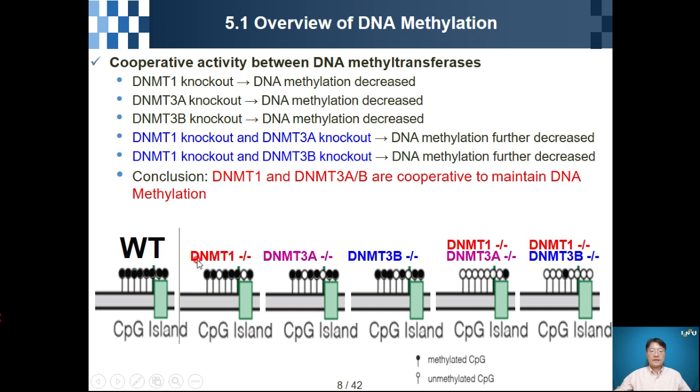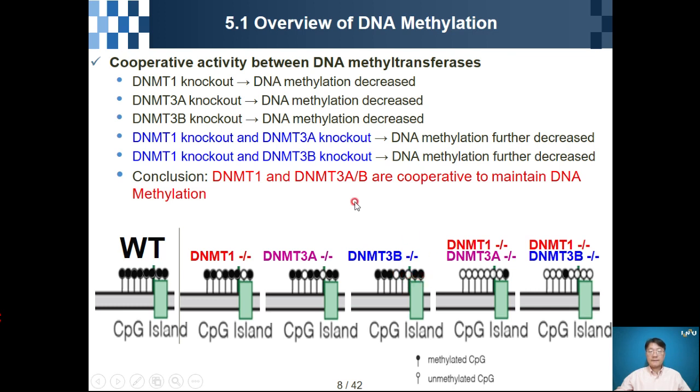However, when DNMT1 is knocked out, we found that DNA methylation decreased. Also, when DNMT3A was knocked out, DNA methylation decreased, and when DNMT3B is knocked out, DNA methylation also decreased.